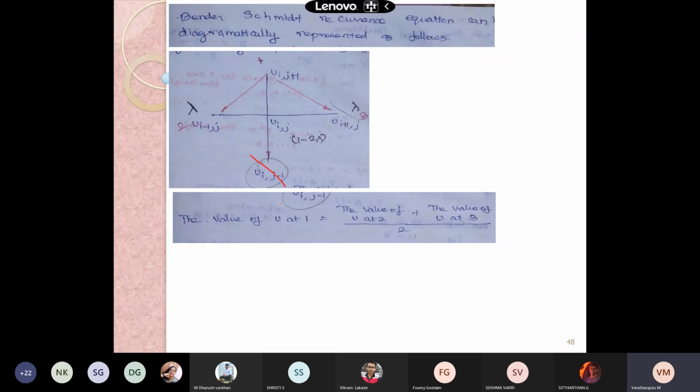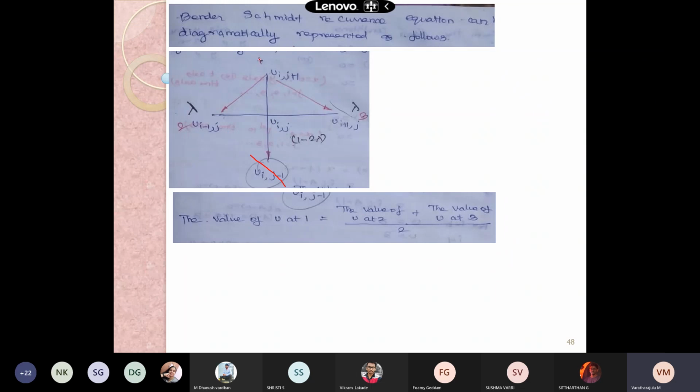And for Bender-Schmidt, here the lambda value becomes 1 by 2. On the RHS also it becomes 1 by 2. Here we don't have any term, any coefficient, we don't have any u i,j. So the value at 1 is equal to the value of u at 2 plus the value of u at 3 divided by 2.